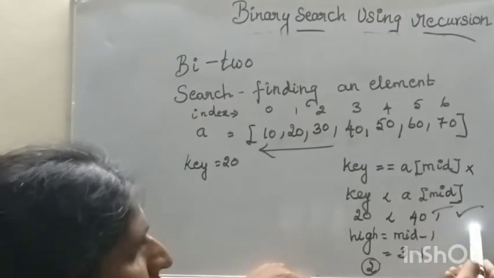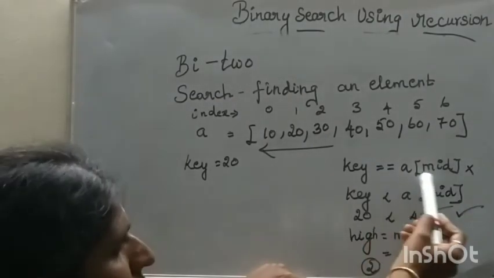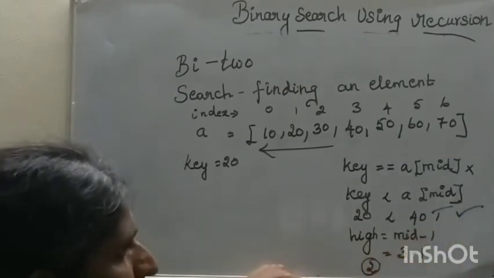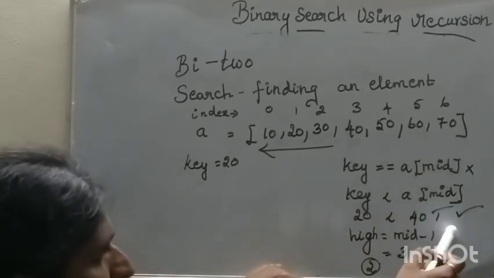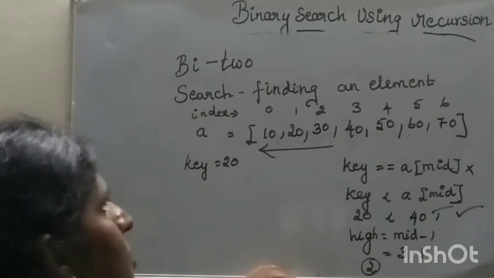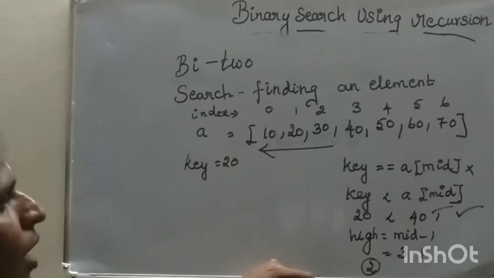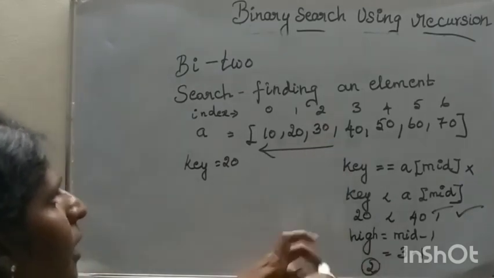One is wrong, another one is right. Wrong refers to the condition not matching. Here the condition is satisfied, that's why I put the tick mark here. Based on that, I can conclude which side I am going to perform the search operation. Left side I am going to search, and then my high index points to 2. This is my high.